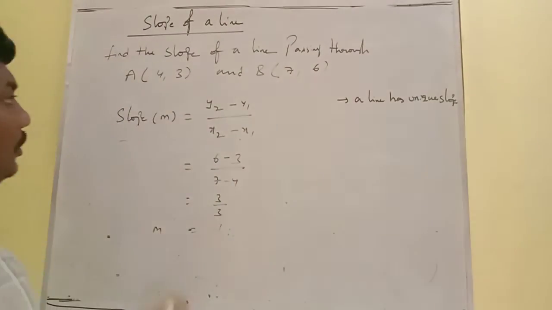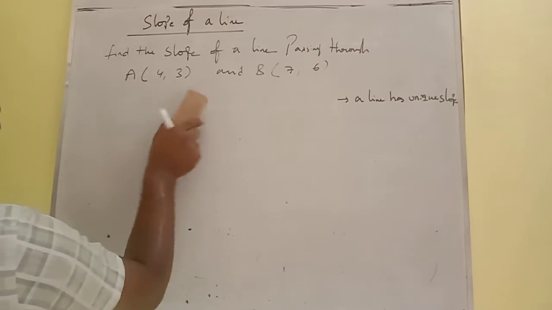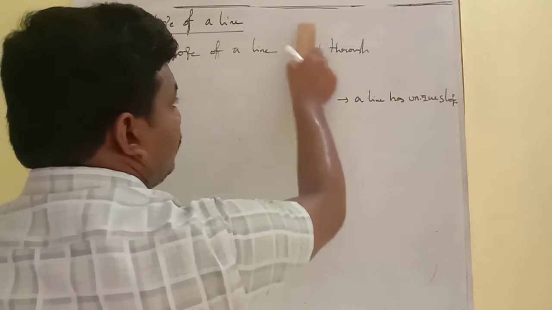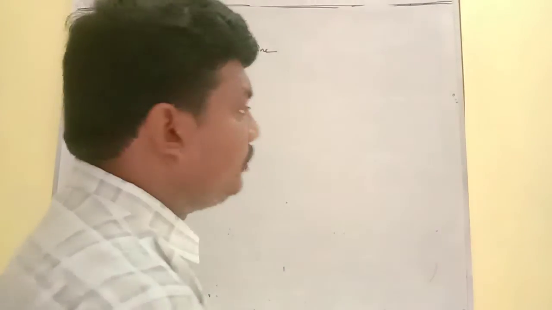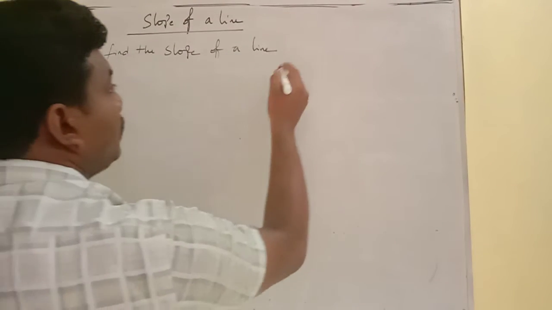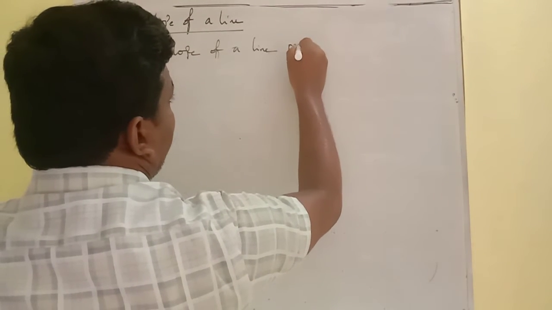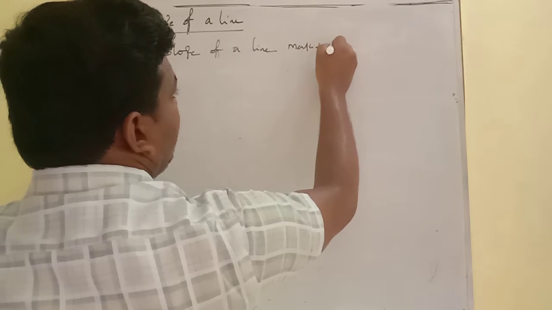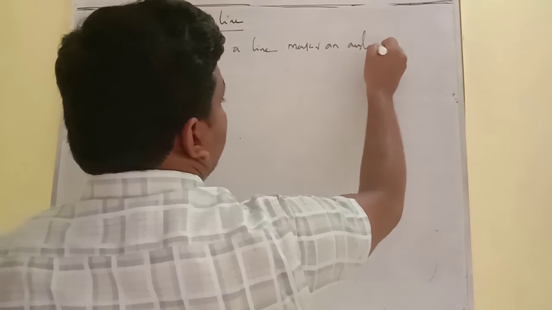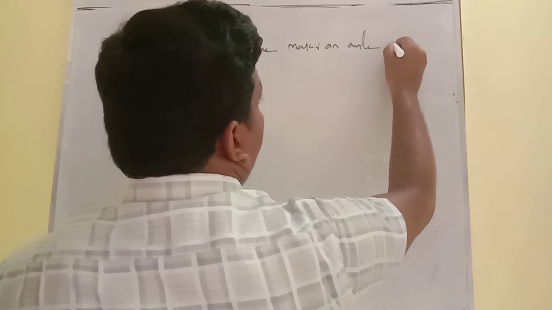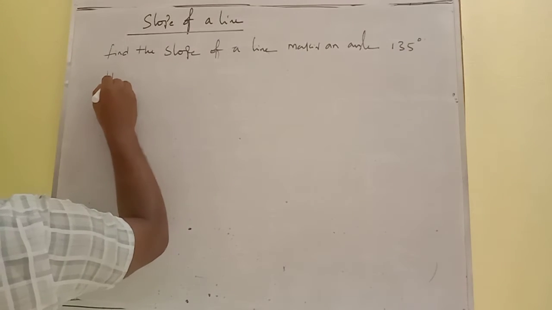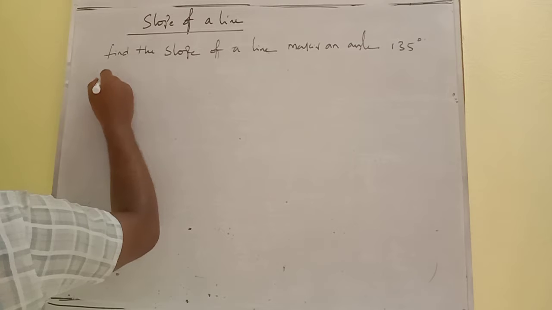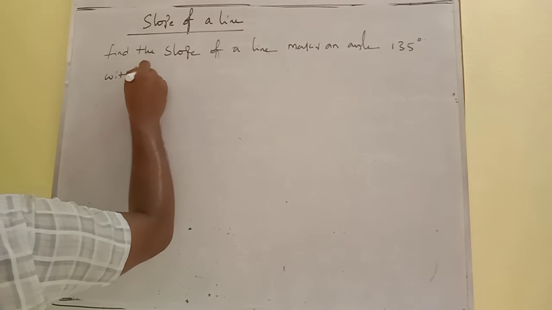Another way: find the slope of a line which is making an angle theta with the positive x-axis. Find the slope of a line making an angle of 135 degrees with the positive x-axis.